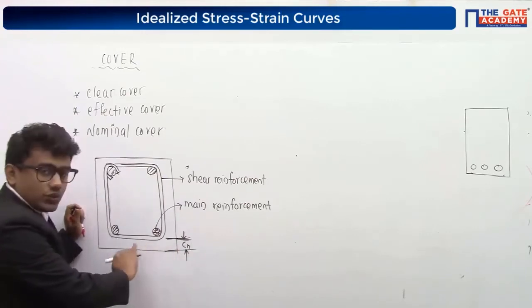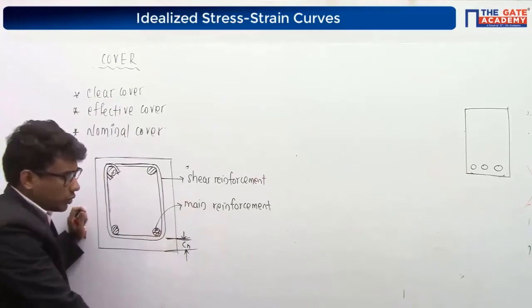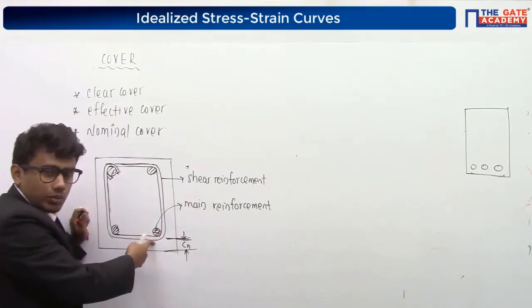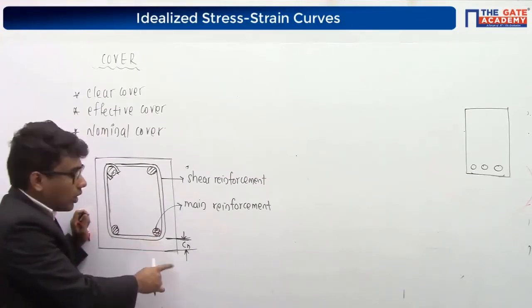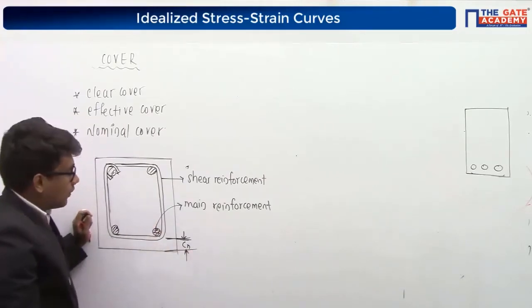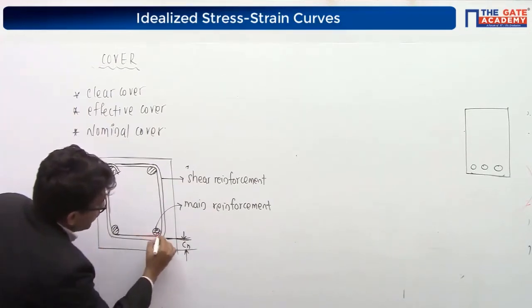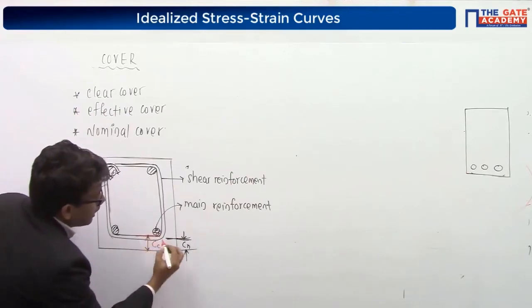It can be our main reinforcement or our shear reinforcement. If we are providing shear reinforcement, the distance from here to this reinforcement is called our nominal cover. And the distance from our main reinforcement, from here to this edge, is called our clear cover.